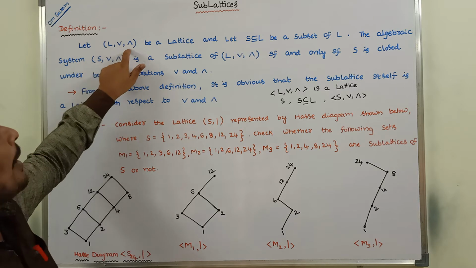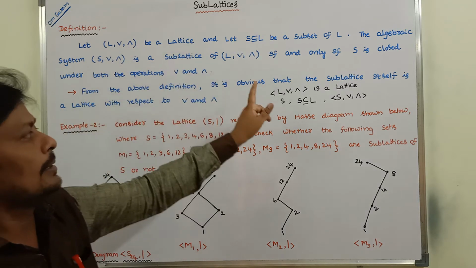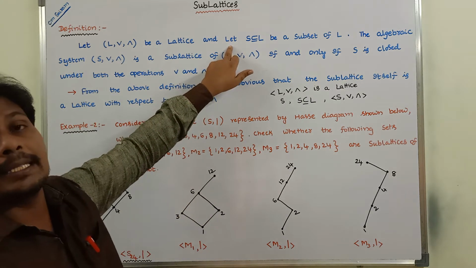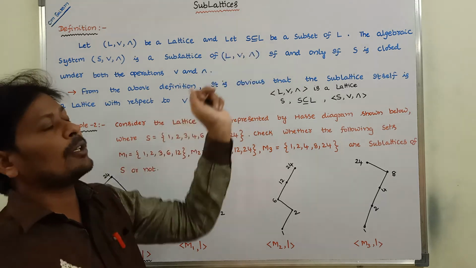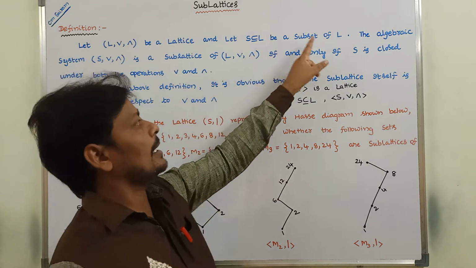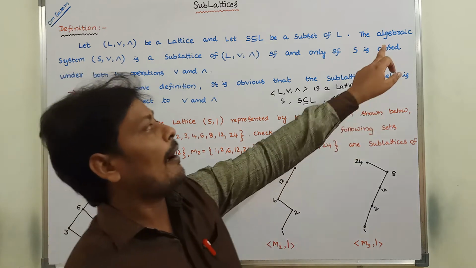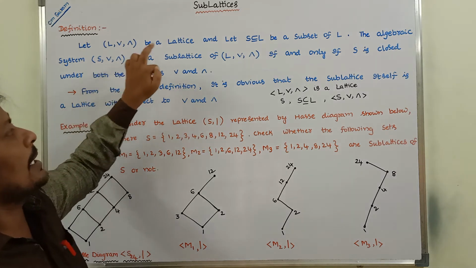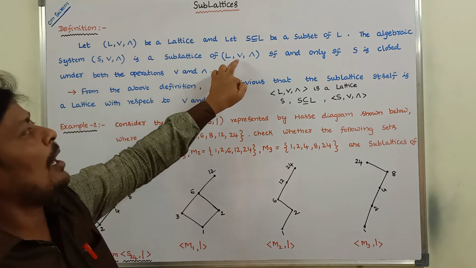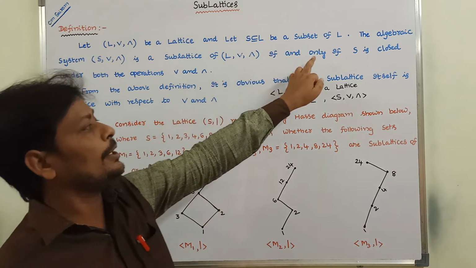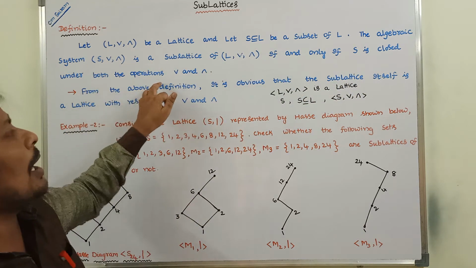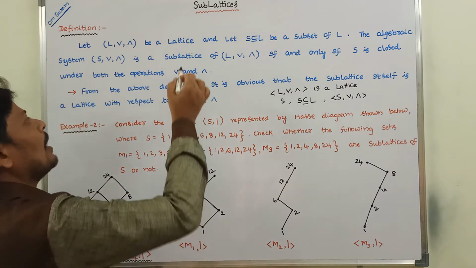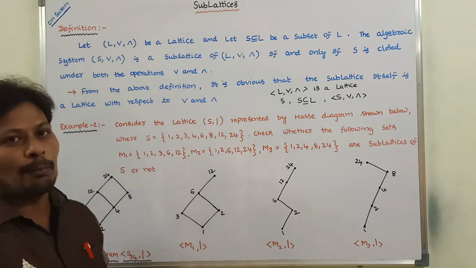Let L, join, meet be a lattice here, and let S be a finite set, S subset equal to L. That means S is a subset of L. The algebraic system S, join, meet is a sublattice of L, join, meet if and only if S is closed under the operations join and meet. So this is the complete definition of sublattice.